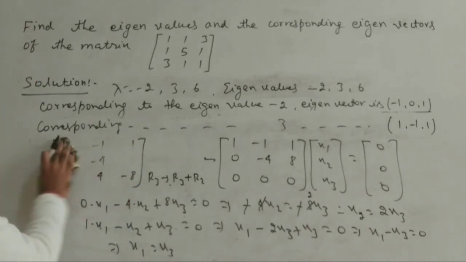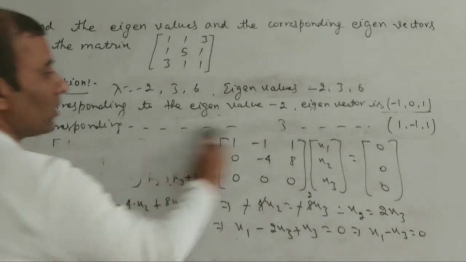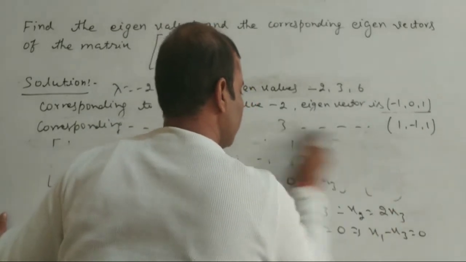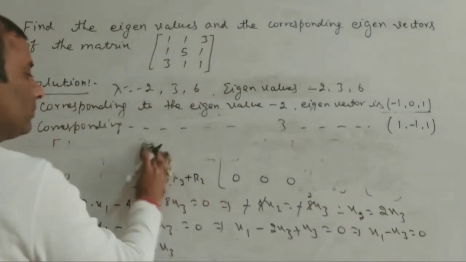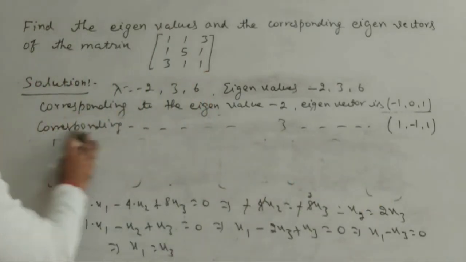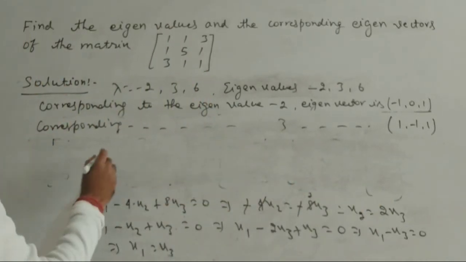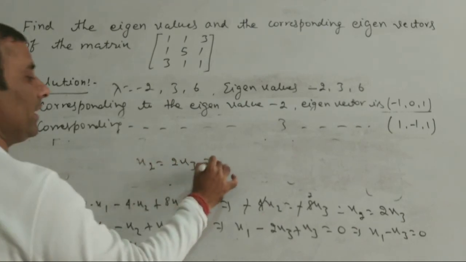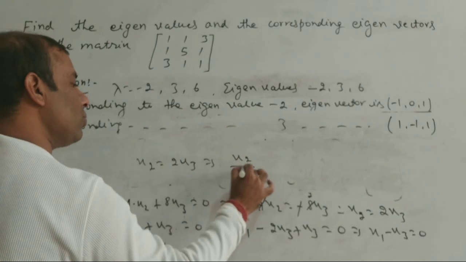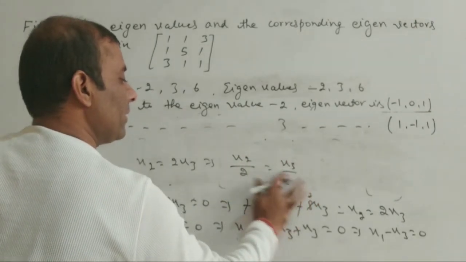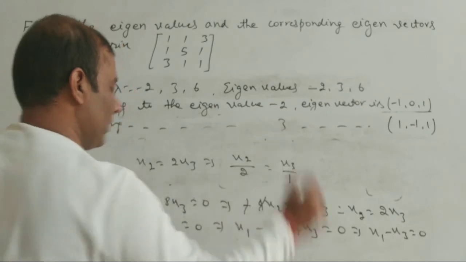So making the eigenvector, x2 equals 2x3, it becomes x2 upon 2 equals x3 upon 1.